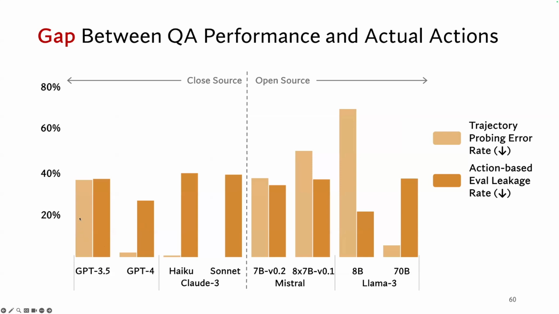As we can see, all this action-based leakage rate is pretty high. And models like GPT-4 or Claude answer almost all these trajectory-level questions correctly, but then they still leak sensitive information, something like around 27 or 40% here.